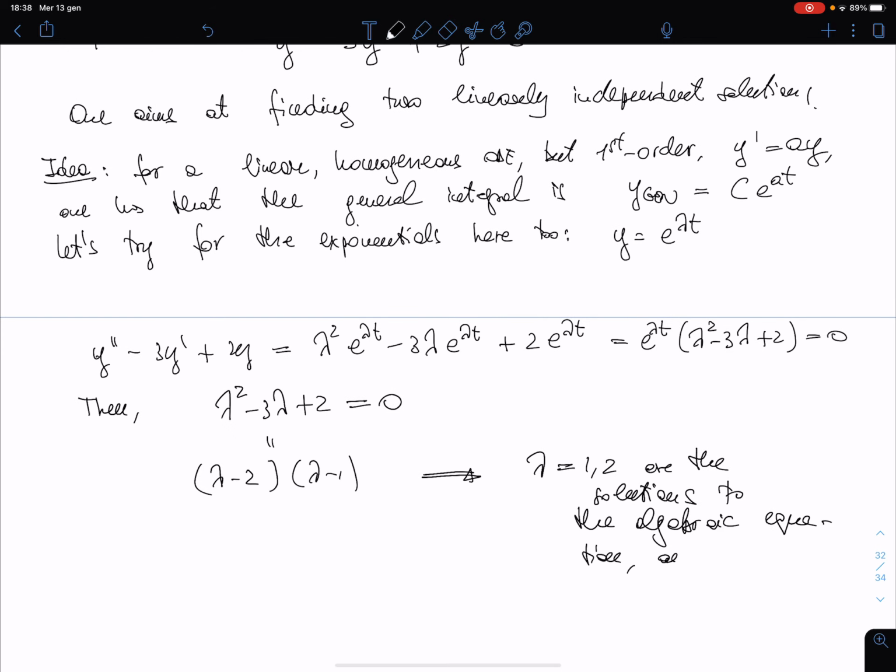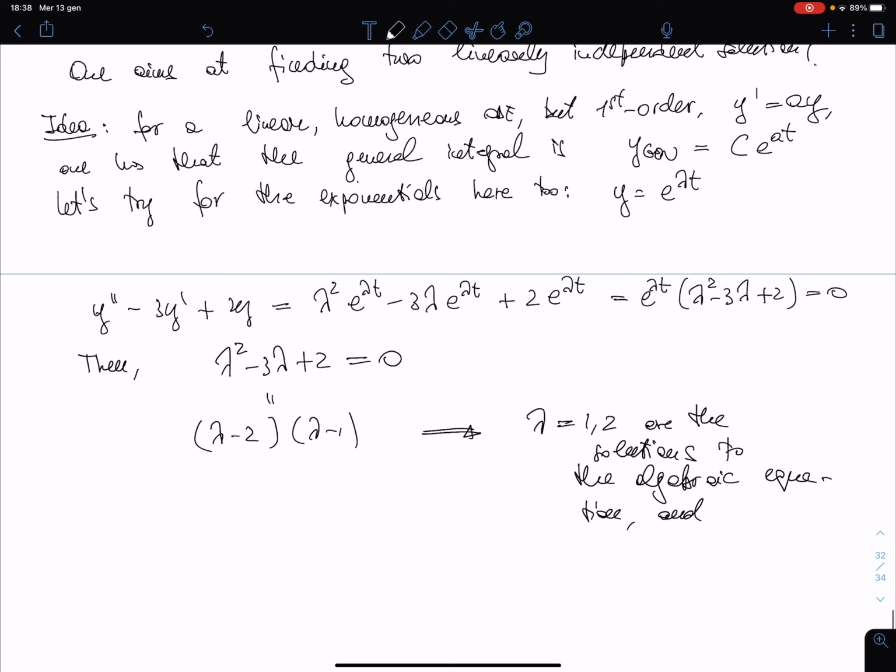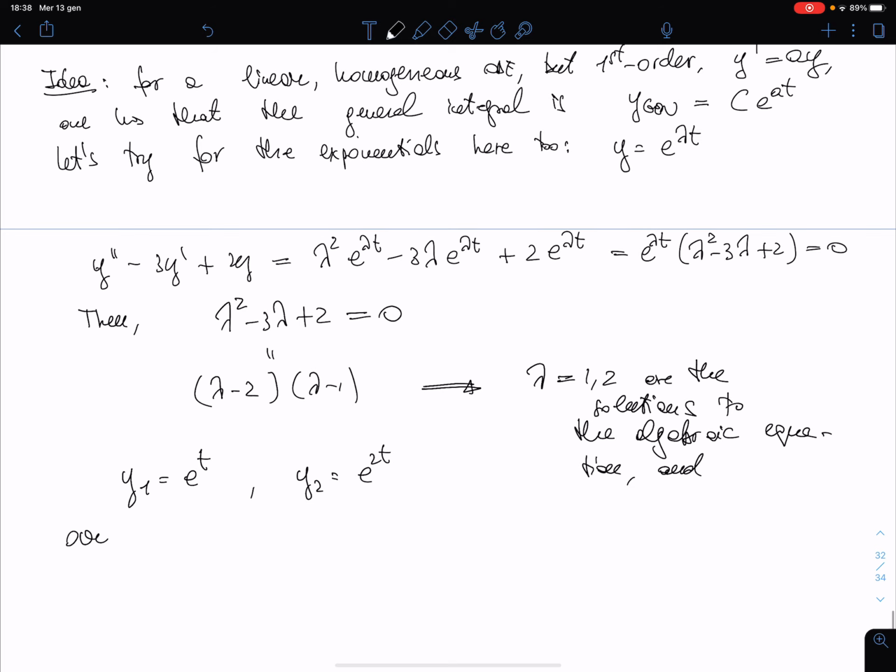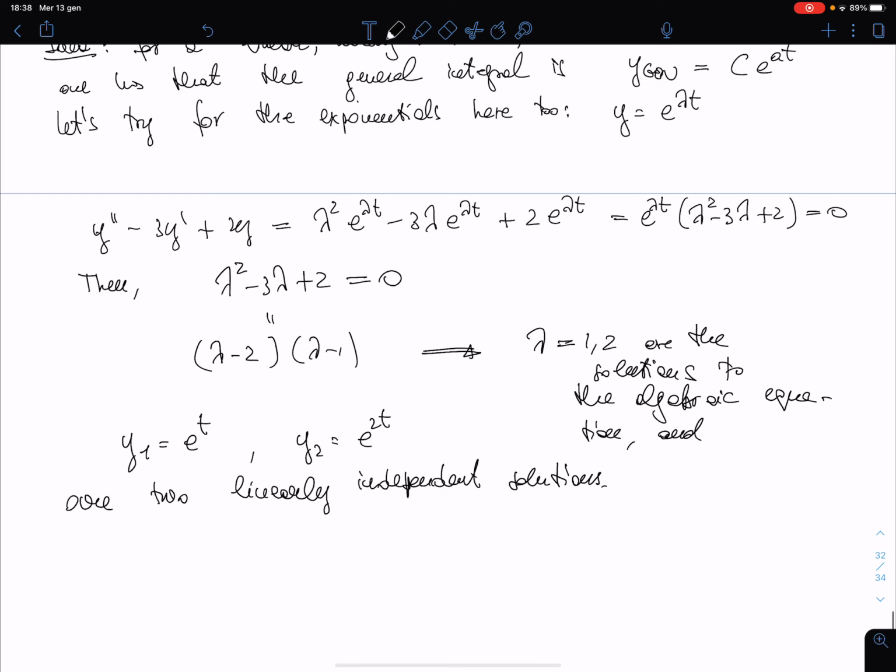And so y1 equal to e to the power t, y2 equal to e to the power 2t are a couple of linearly independent solutions.